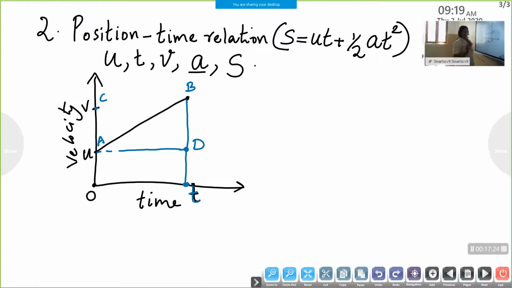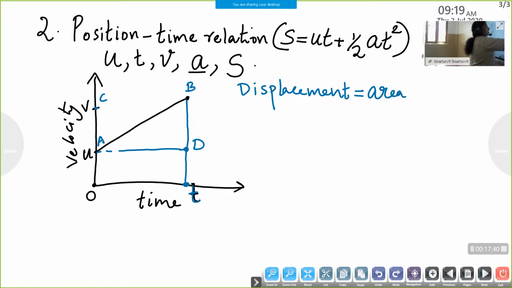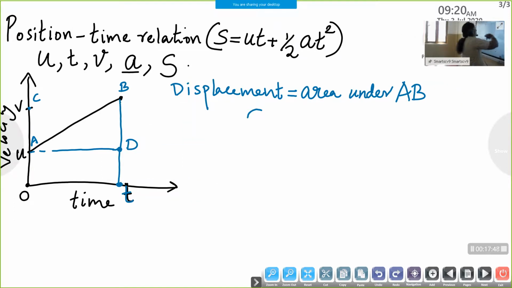Now, slope is AB. So, listen here children, here I want the displacement. How will you find the displacement from a velocity time graph? Displacement is given by, yes, the area under the graph. How will we take the area?